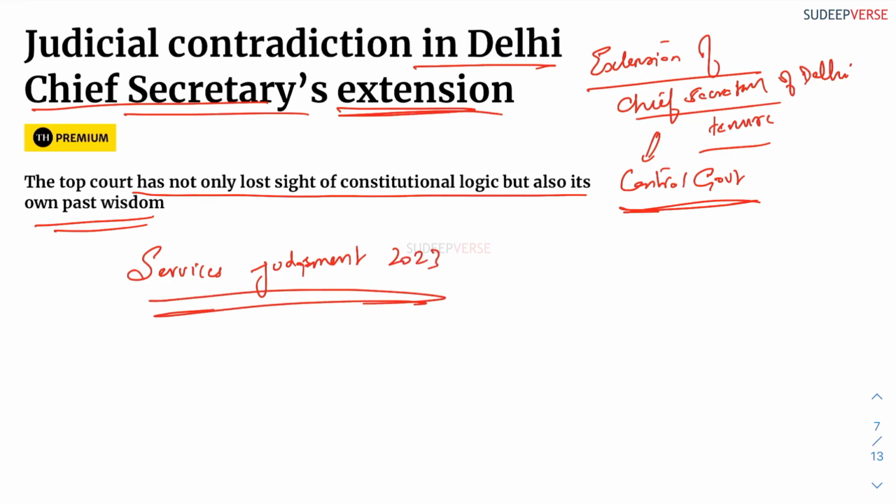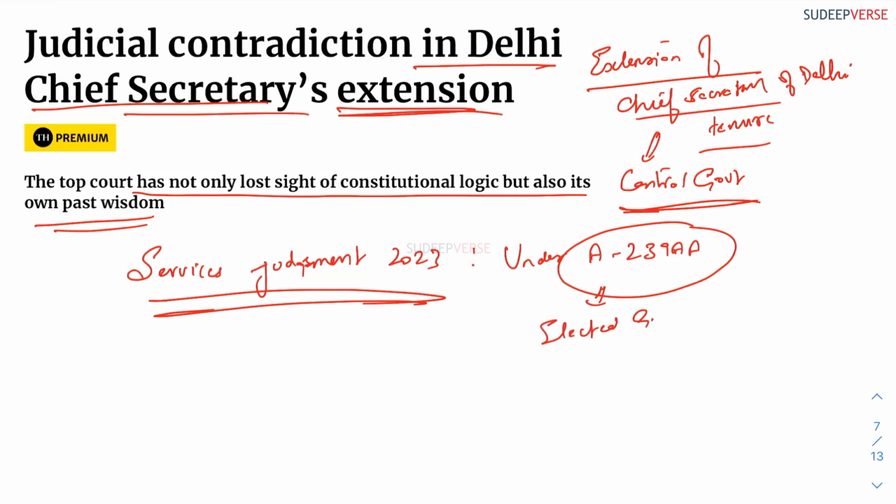2023. Okay, in this Services Judgment 2023, the Supreme Court of India told that under Article 239AA of the Constitution, the elected government of Delhi exercises the control over the services.